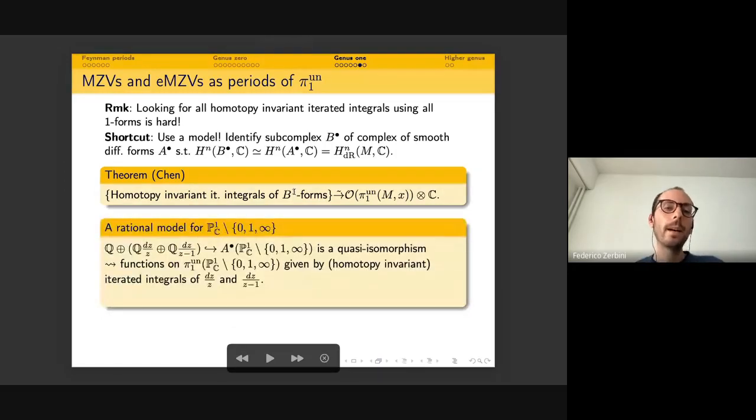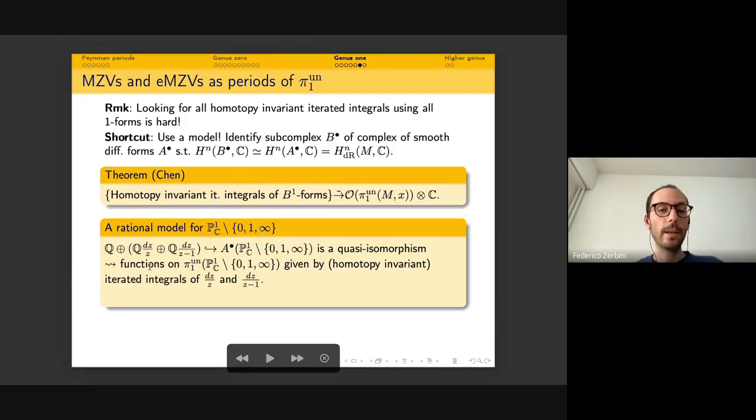And it's not difficult to see that a model for P1C minus {0, 1, infinity} is given by the following DGA. In degree 0, you just have the rationals, and in degree 1, you have Q dz over z plus Q dz over z minus 1. This is a quasi-isomorphism with the DGA of differential forms of P1C.